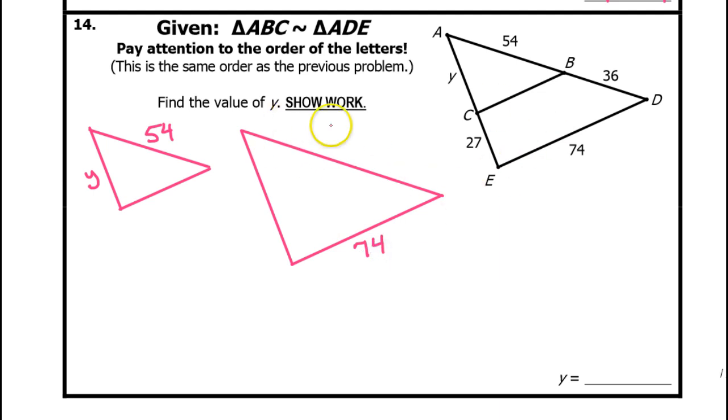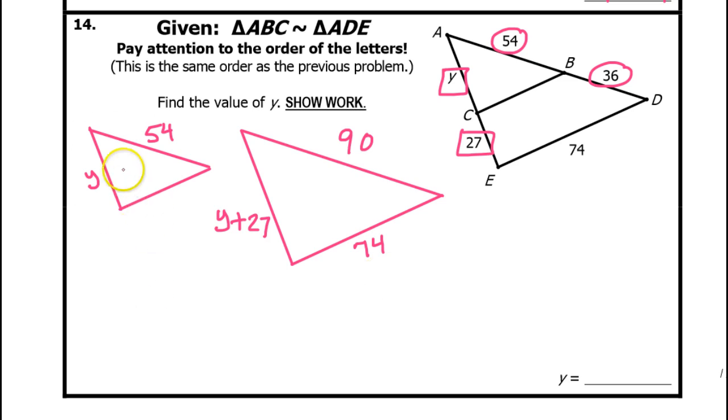Now, what about this side up top? That's going to be the sum of both of these. So that is going to be 90. Okay, now this side right here is going to be the sum of both of these. So that will be y plus 27.